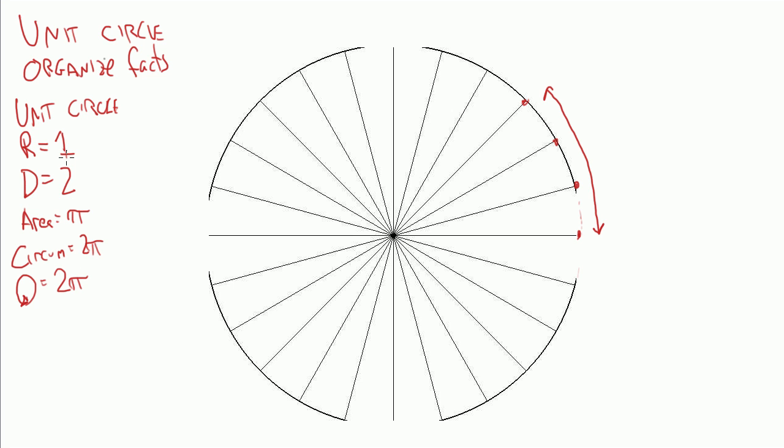So the radius is 1 length unit, the diameter is 2 length units, the area is pi square units, the circumference is 2 pi length units, and the angle here has no units when you measure that angle in radians.